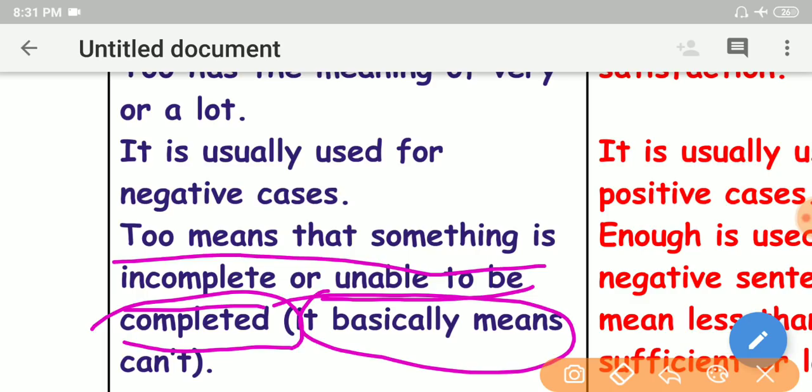Sorry, he is too weak to win the match, to pass the exam. That means he is so weak that he cannot pass the examination. So that means too is used in the meaning of cannot, almost negativity.